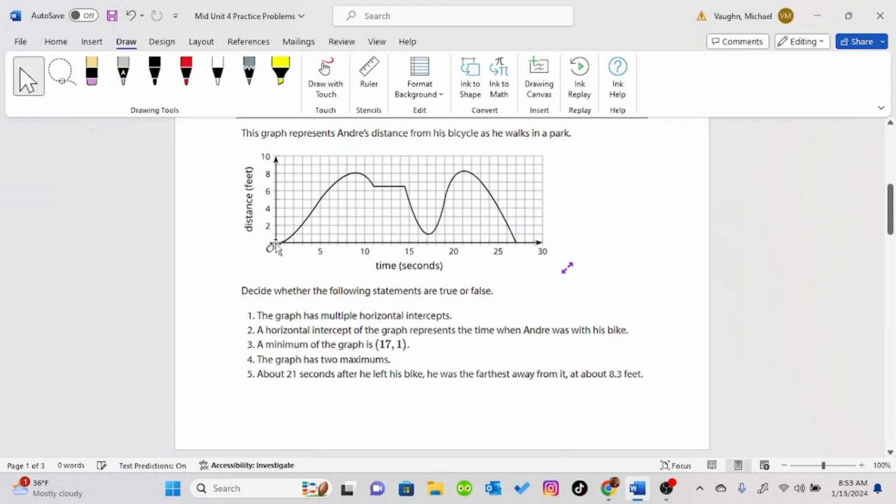So we have one intercept right down here at the beginning around 0 to 1 seconds. Then if we continue along the horizontal axis, we have another horizontal intercept down here around 25 seconds.